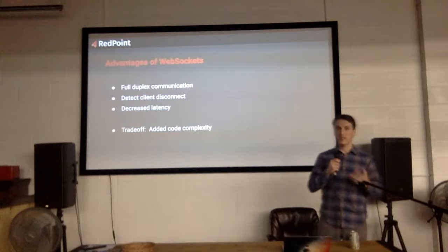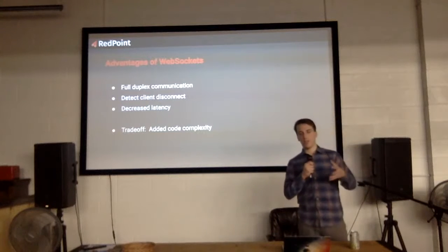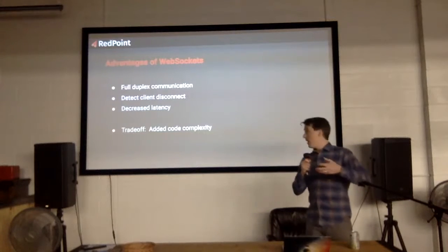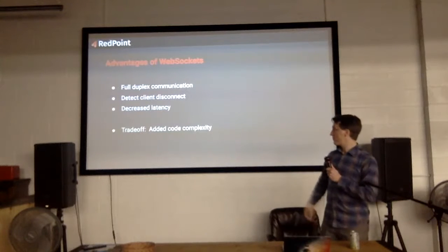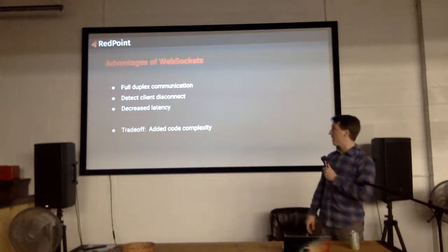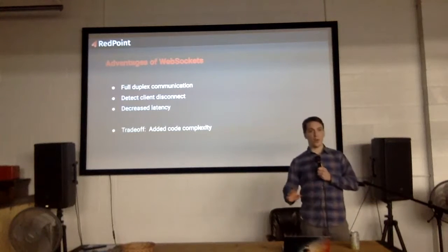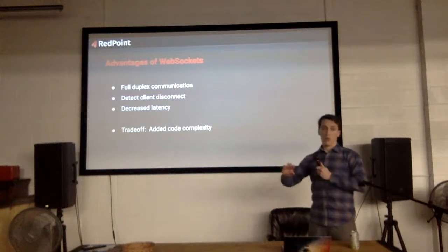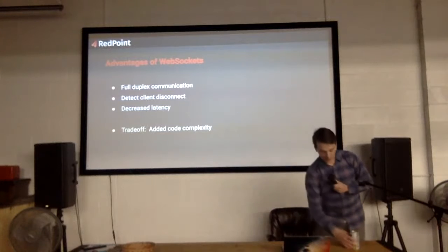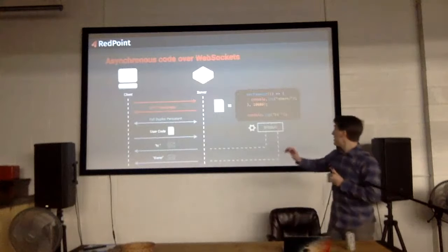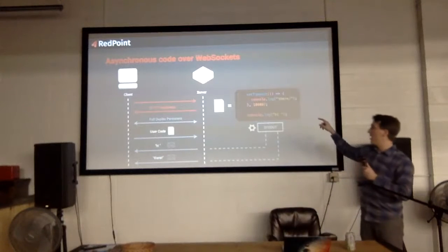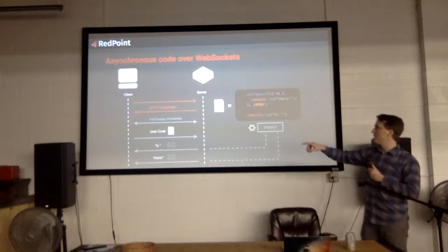And there's decreased latency, as each WebSocket message has a much smaller packet size than an HTTP request. And then just the primary trade-off with WebSockets was some added code complexity, namely in proxying, which I'll get to in a bit. So that same asynchronous code now will look like this over a WebSocket connection.